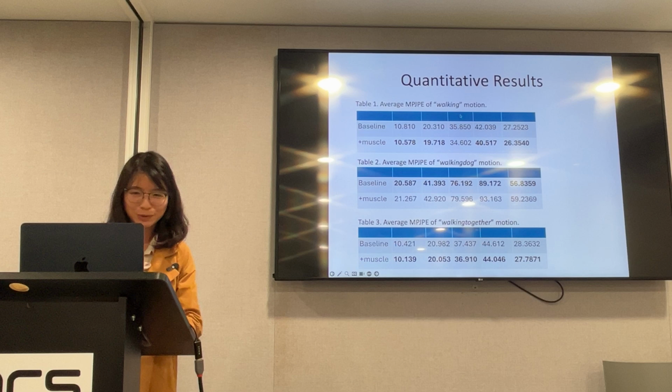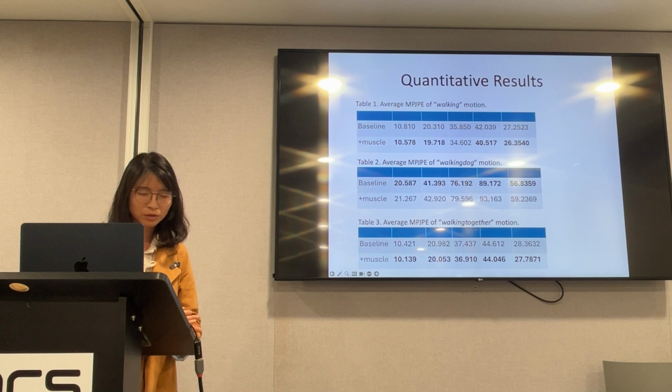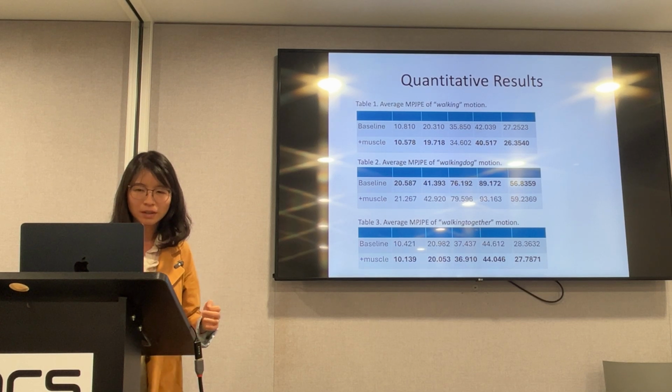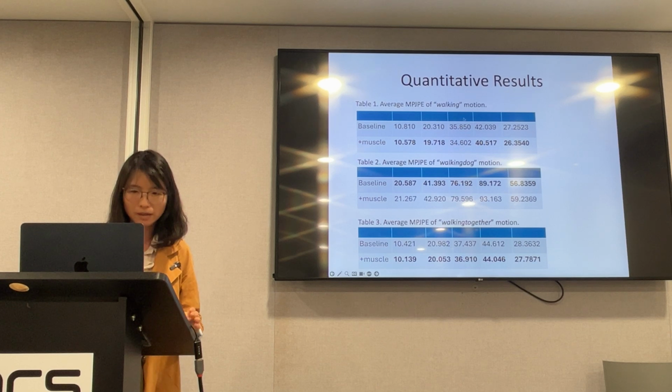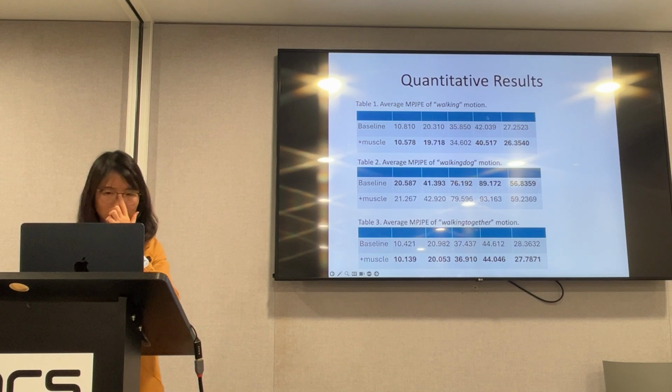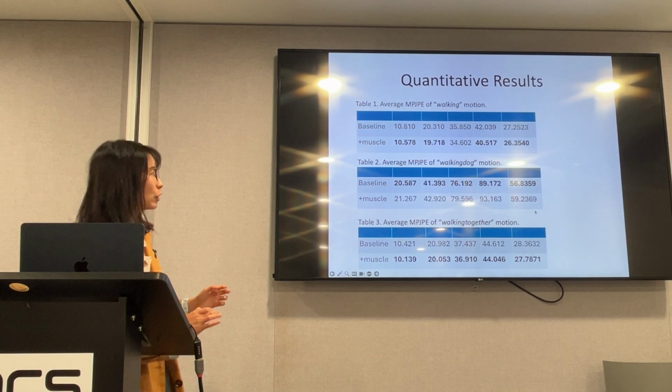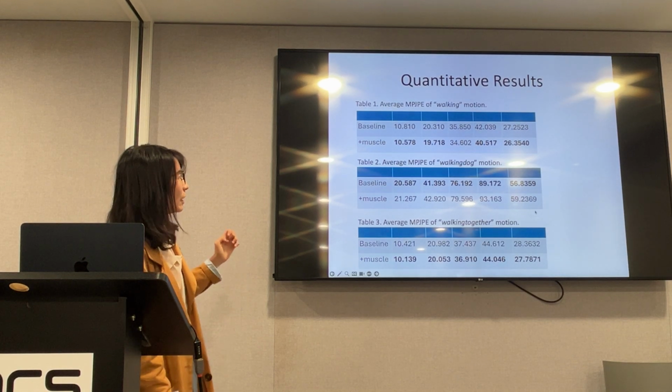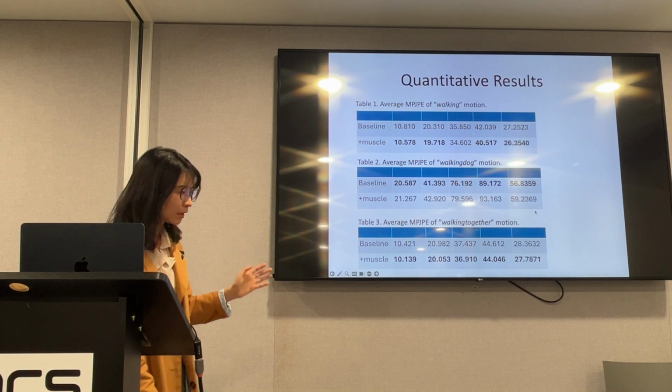Sorry, I forgot to put the header in this table. Each column shows the future time step, like 40 milliseconds, 80 milliseconds, 160 milliseconds, and 320 milliseconds. The last column shows the average of these different MPJPE numbers.